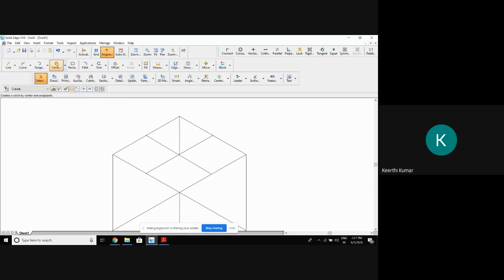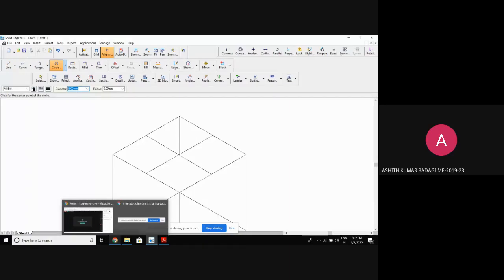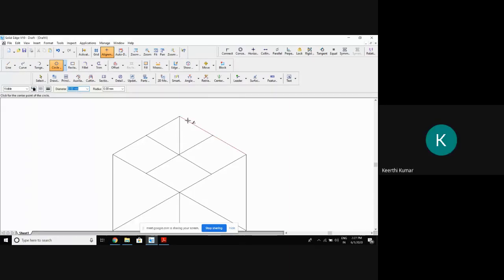Okay. Once it is done, go for the circle. Take the compass. From one end of the line, you draw a circle. This circle should be equal to 50. Just 50.